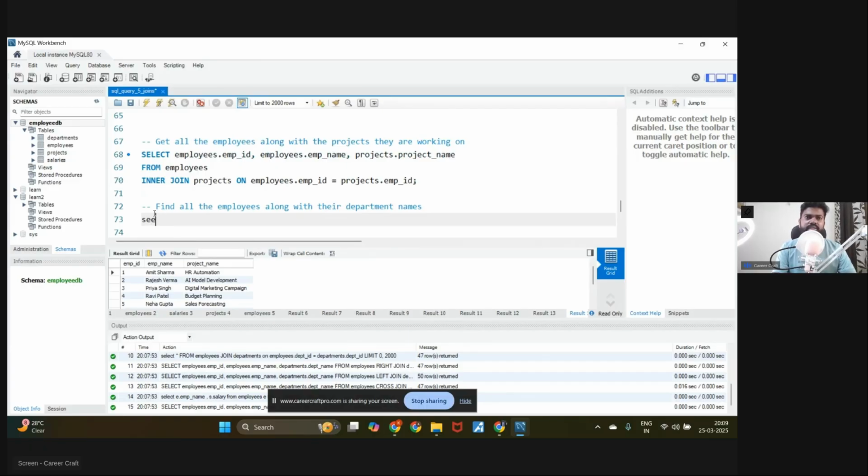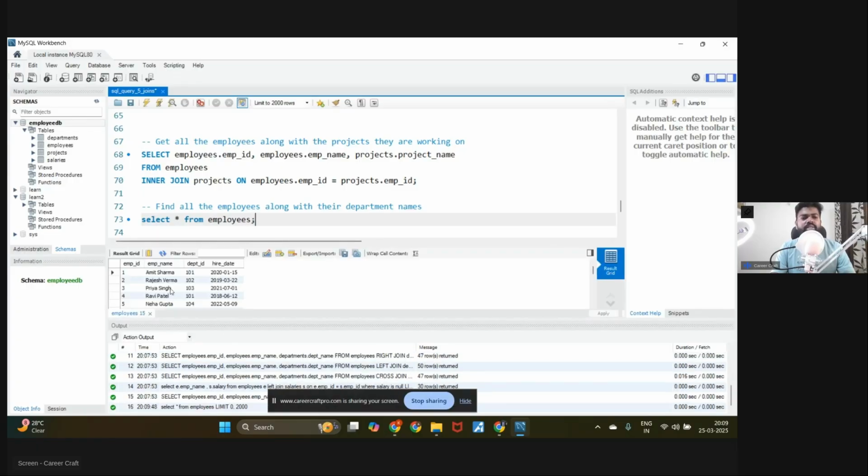So first of all, see what is there in the employees table. Select asterisk from employees, just to look at this. Let's execute this. This is your employee table, and then also we have the department table.